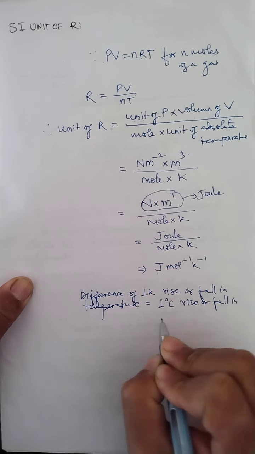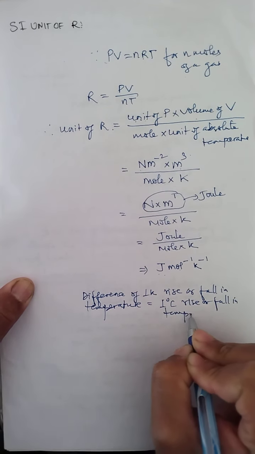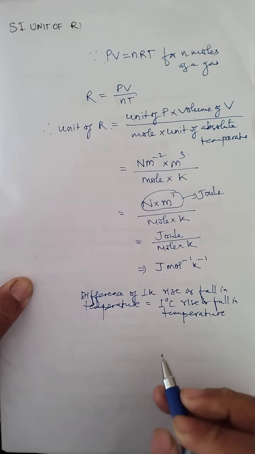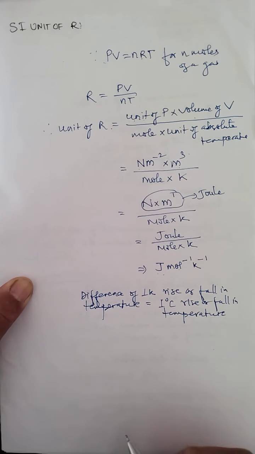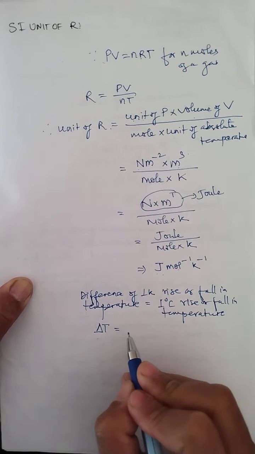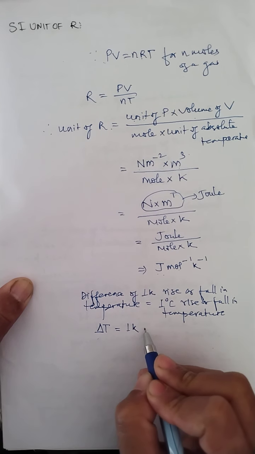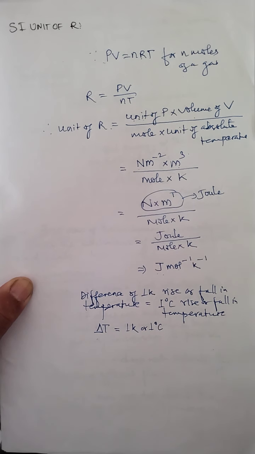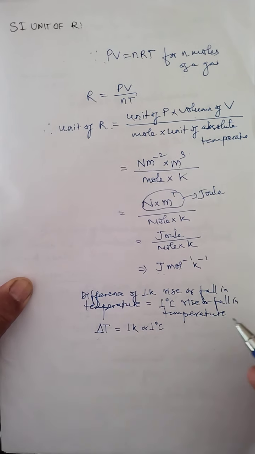So if the temperature rises by 1 Kelvin, that is also equal to a rise of 1 degree Celsius. That means a change in temperature of 1 Kelvin is also equal to 1 degree Celsius.